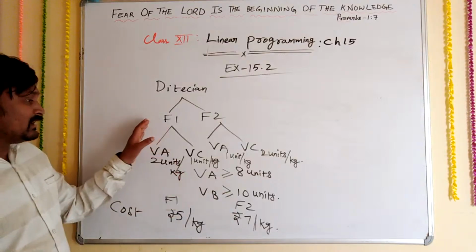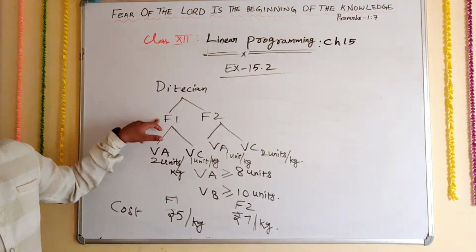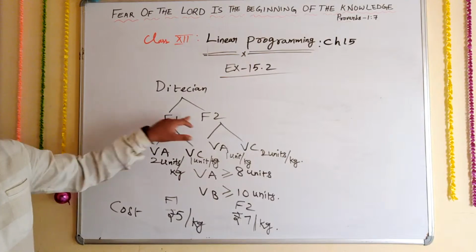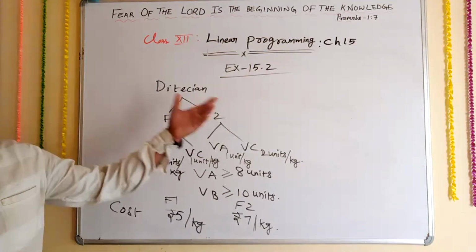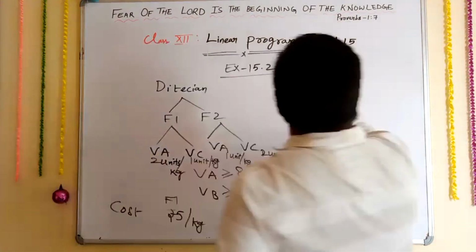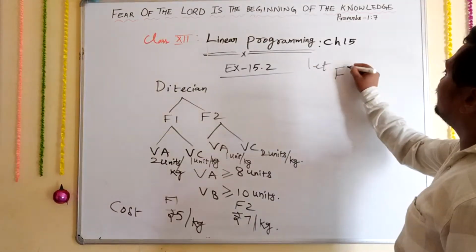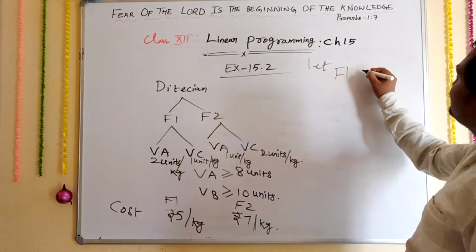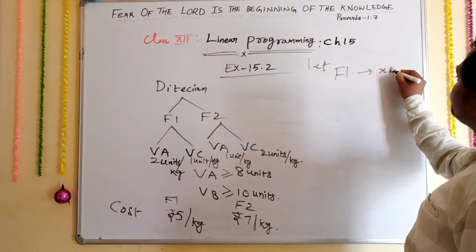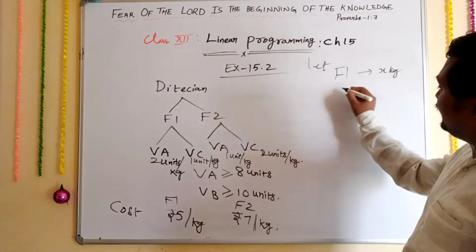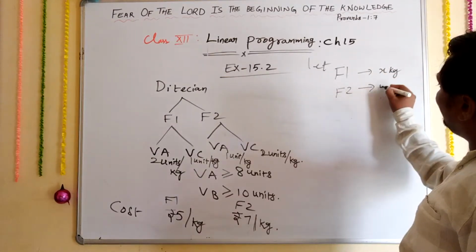Now we don't know how many kgs of food one and how many kgs of food two there are. So let food one be X kgs, and food two be Y kgs.